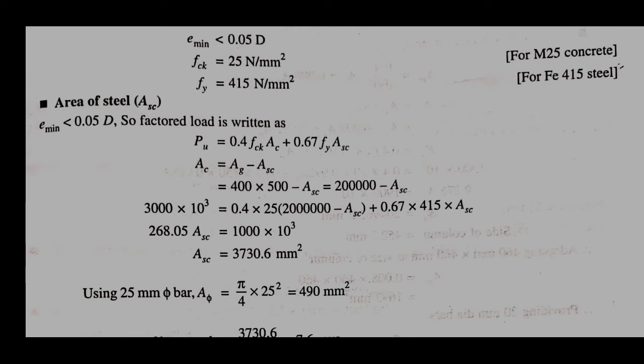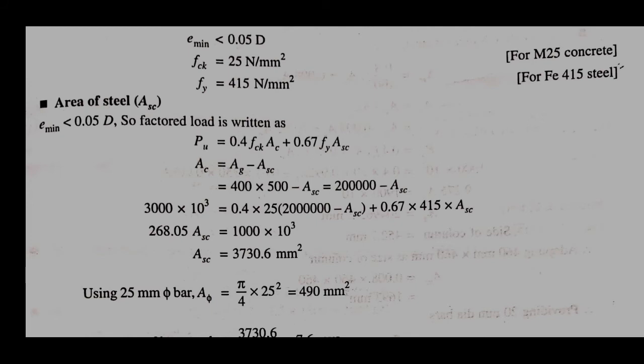From this equation we can calculate the value of Asc. So the value of Asc is equal to 3730.6 mm square.